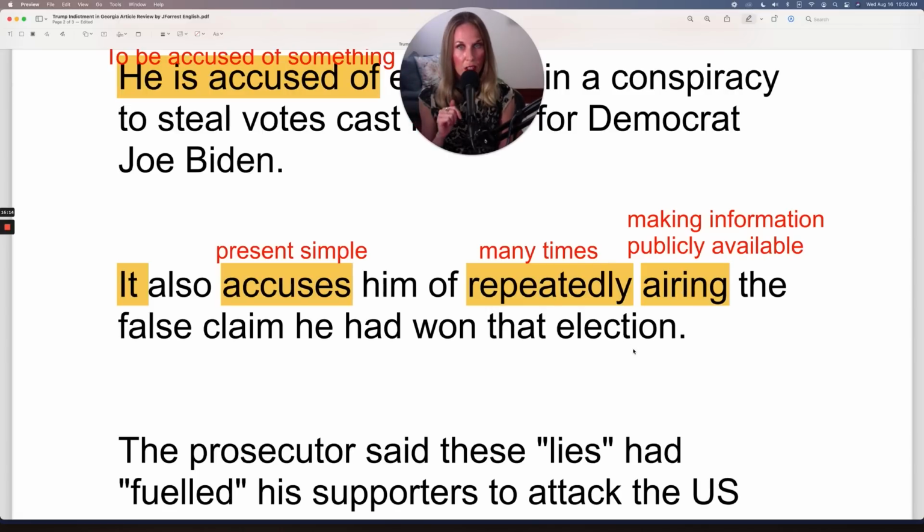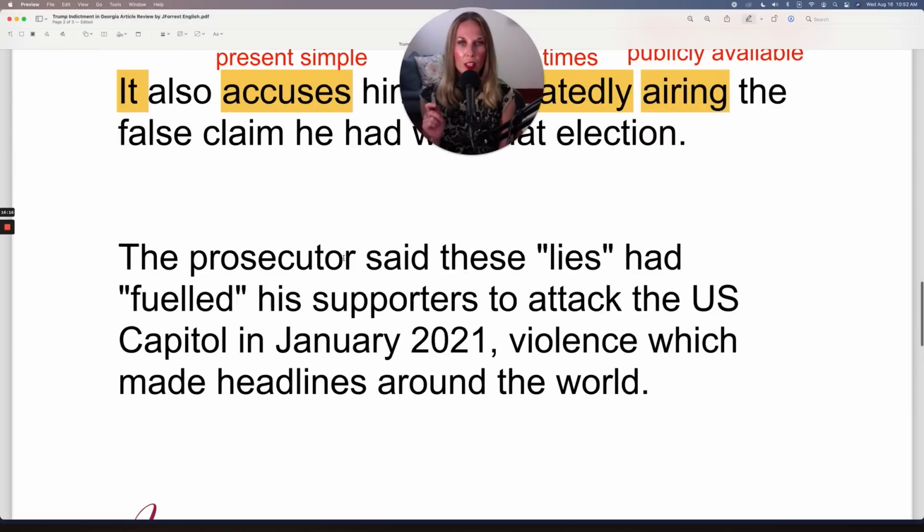The prosecutor said these "lies" had "fueled" his supporters to attack the US Capitol in January 2021. Let's talk about why there's quotations around lies and fueled. This is because only the prosecutor said this.